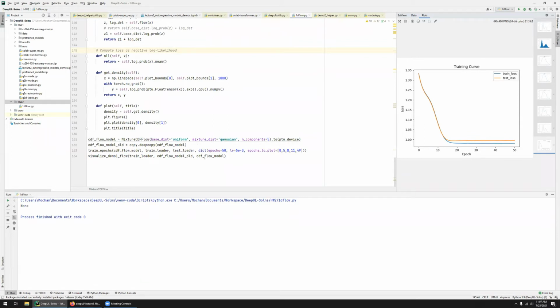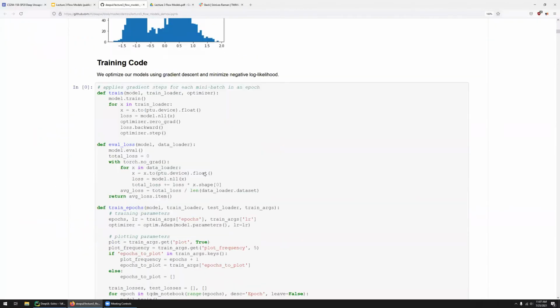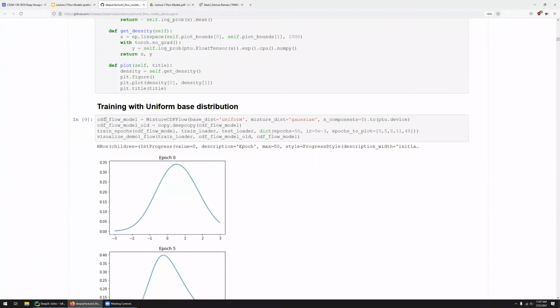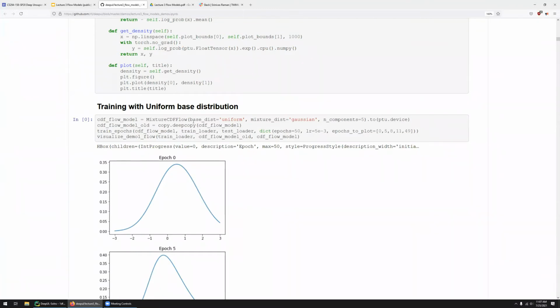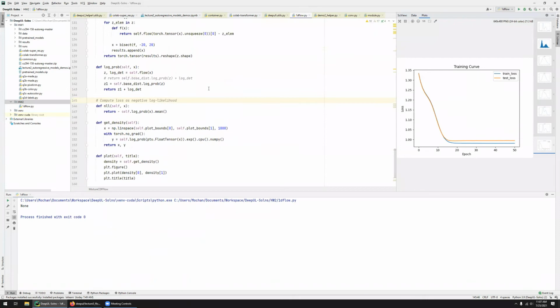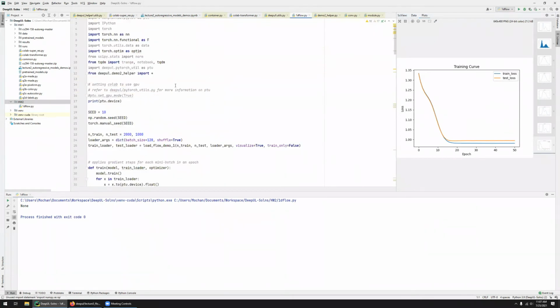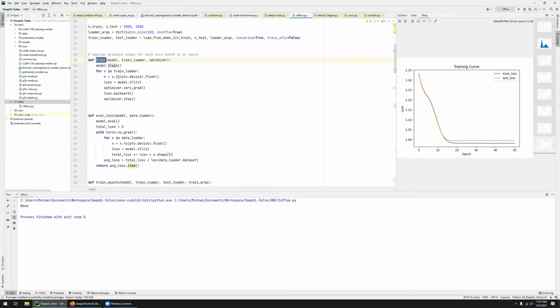So this part is the one that is using the uniform based distribution, right? So this is the one. I can go over the code and maybe someone with better understanding can help. The code is pretty much the same as before. We have the train part, which is exactly the same, the basic PyTorch.